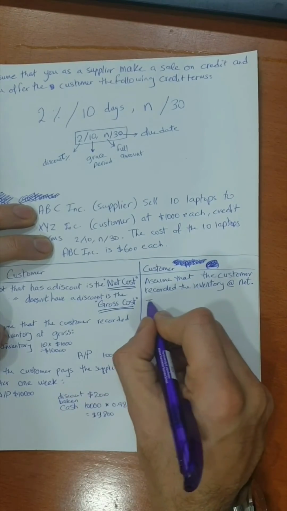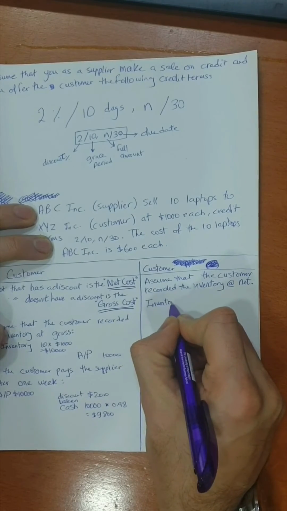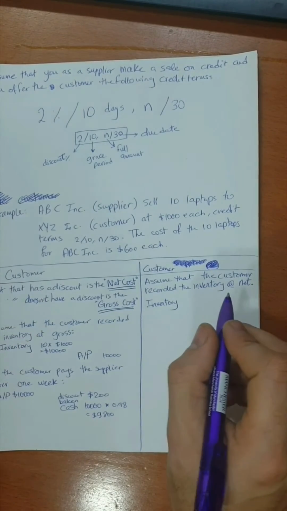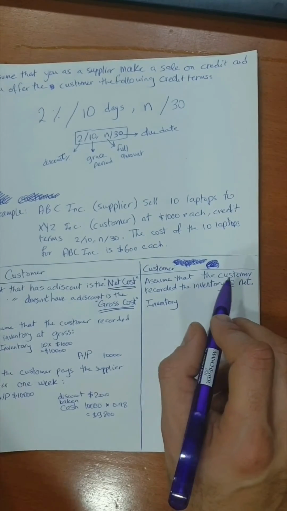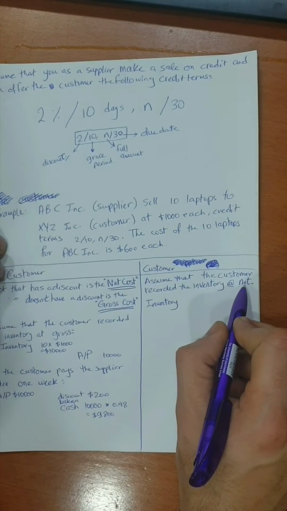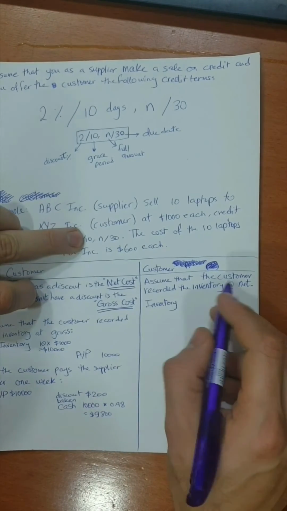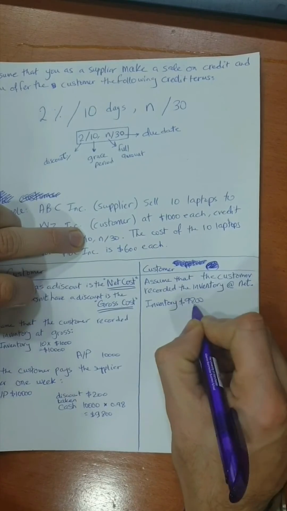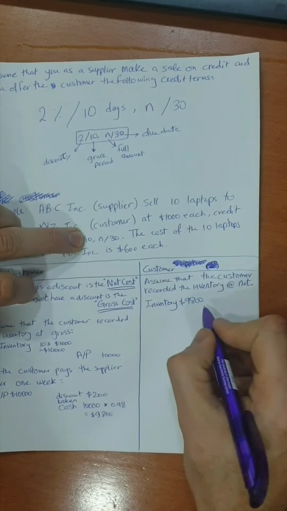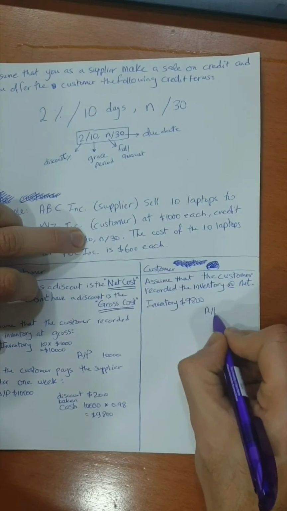So here the customer assumed that they will be able to pay their dues within the grace period, within the 10 days. So the inventory value will be $9,800. You know, the 10,000 minus the 2%, and at the same time you are liable by the same value.